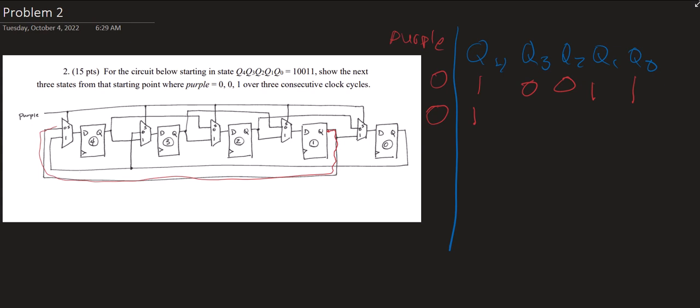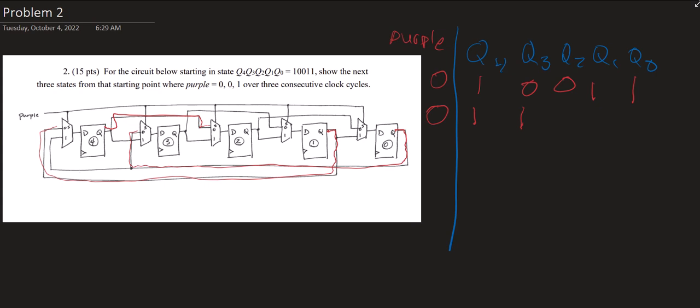Okay, now Q3, again purple is 0, so we're looking at what's going into the 0 input, and we'll trace here, and we see that was Q0. So what was Q0 on the clock cycle before? It was 1. Now Q2, what's going into the 0 for Q2?